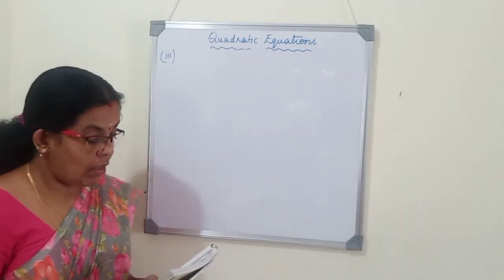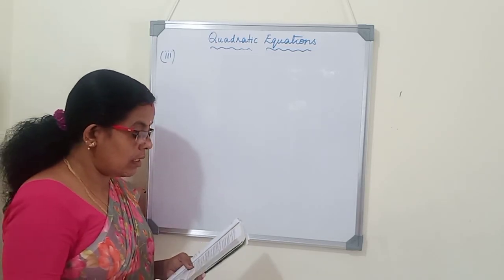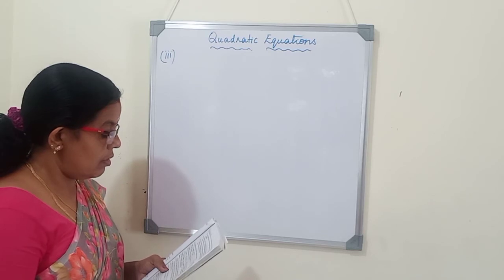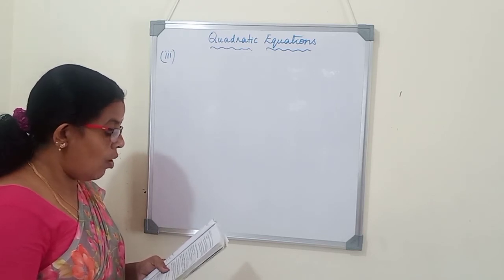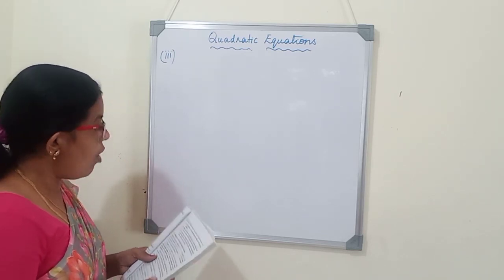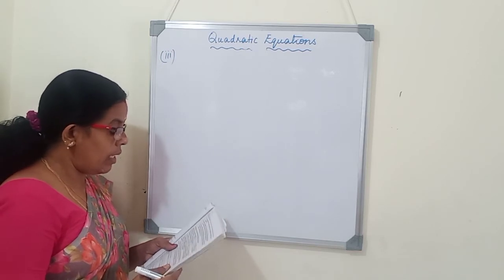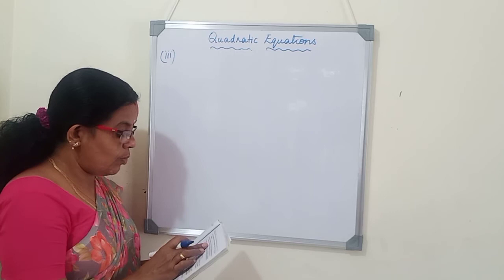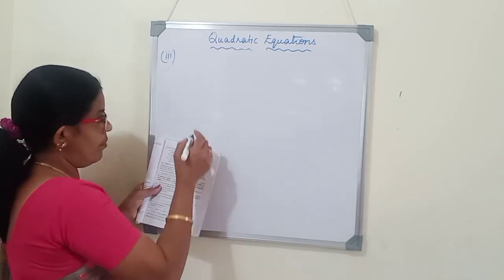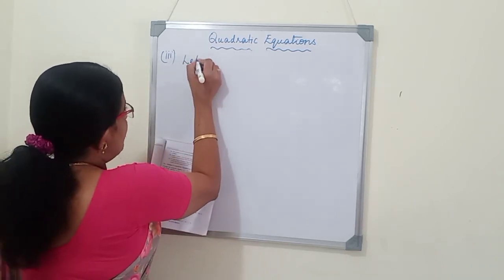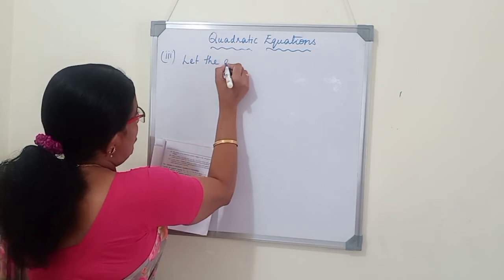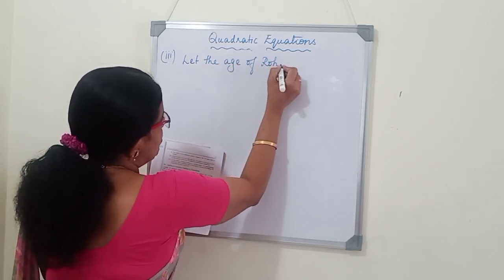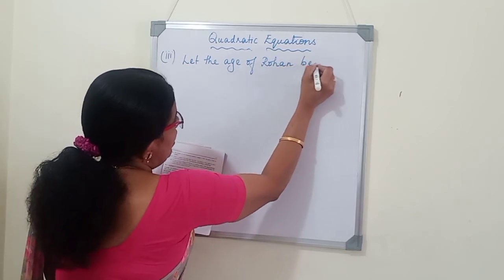Third question. Rohan's mother is 26 years older than him. The product of their ages 3 years from now will be 360. So, how to represent this as a quadratic equation? Rohan's mother is 26 years older than him. So, we will start with: let the age of Rohan be x years.